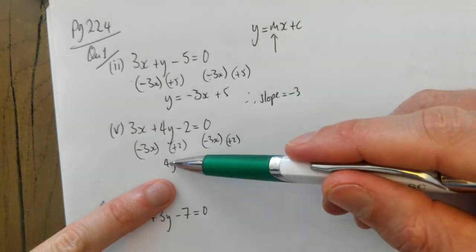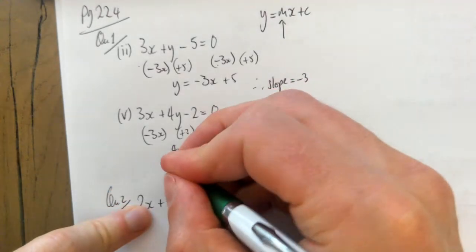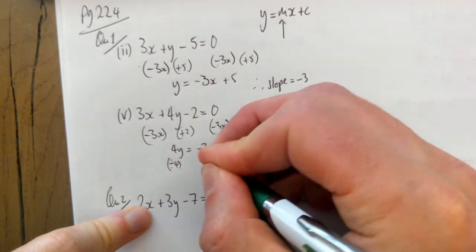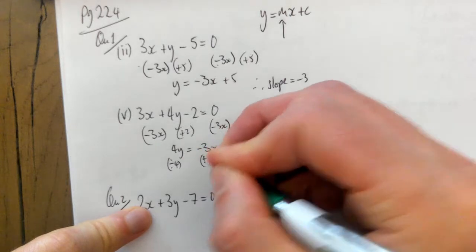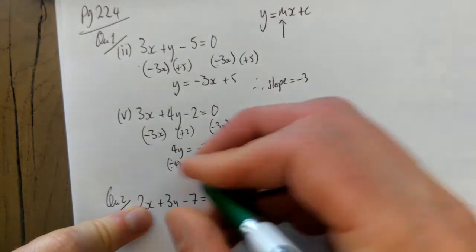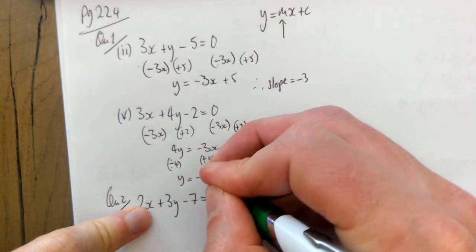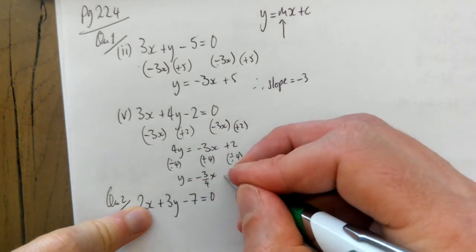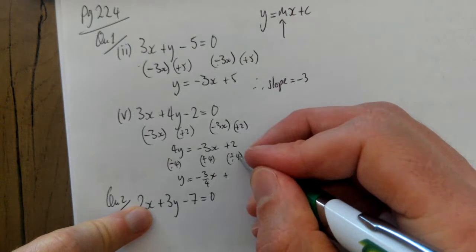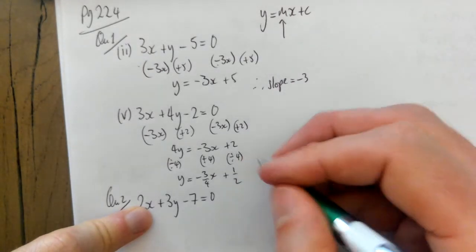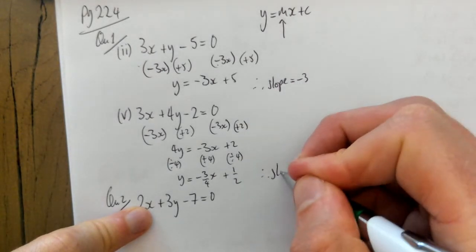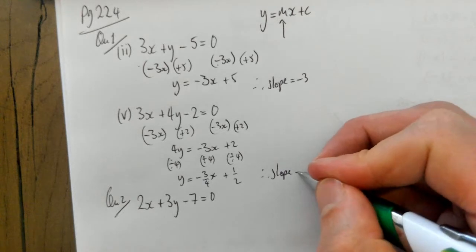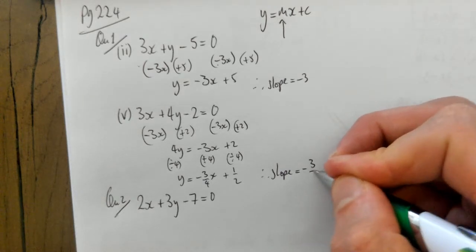This represents 4 multiplied by y, so I'm going to divide by 4 for every term. Okay, so y is equal to minus 3/4 of x plus 2 divided by 4 is a half. So slope equals minus 3/4.